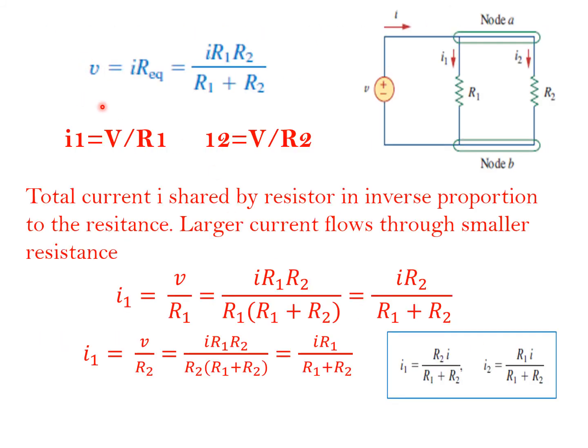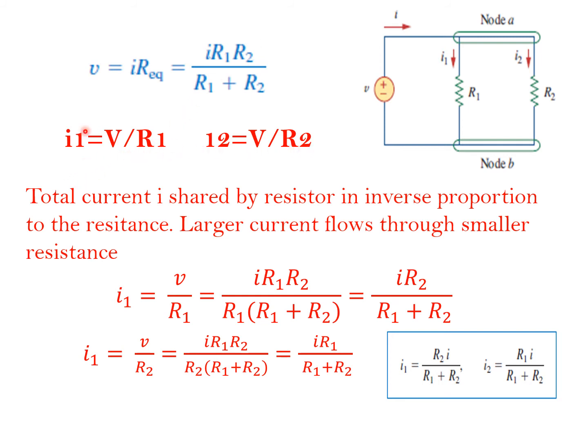Then what is V? V is I into R equivalent. What is R equivalent? R equivalent is R1 into R2 divided by R1 plus R2 when two resistors are connected in parallel. So I1 equal to V by R1 and I2 equal to V by R2.